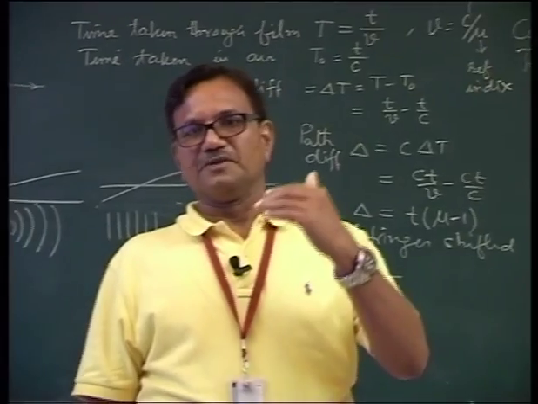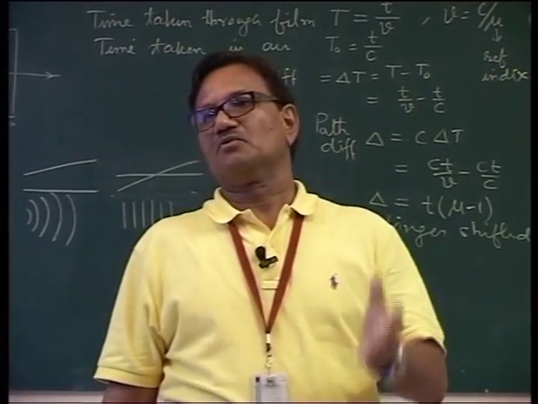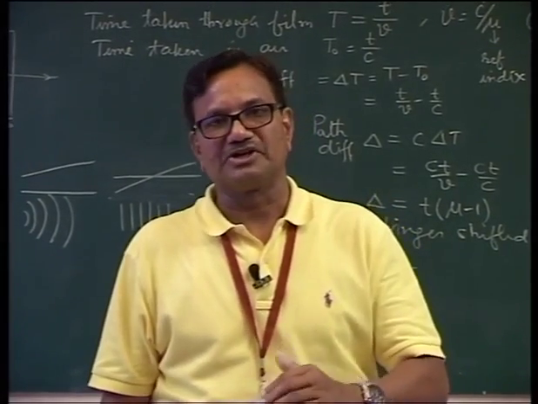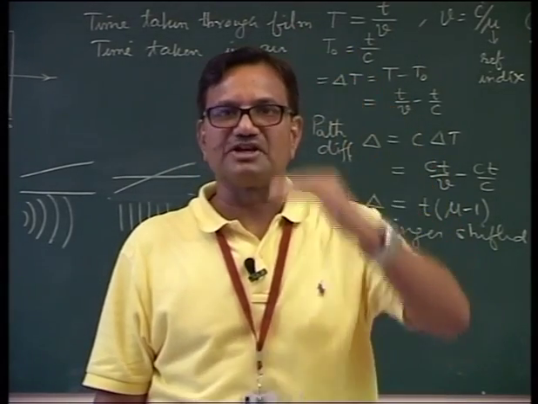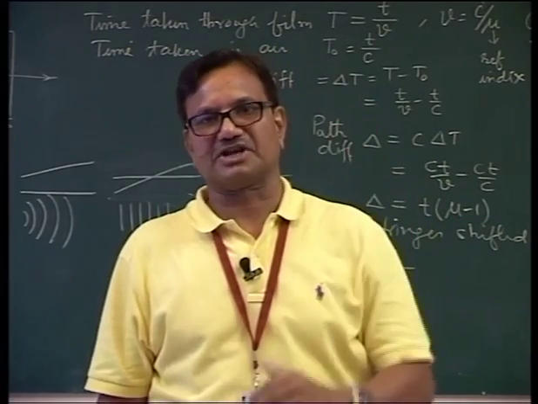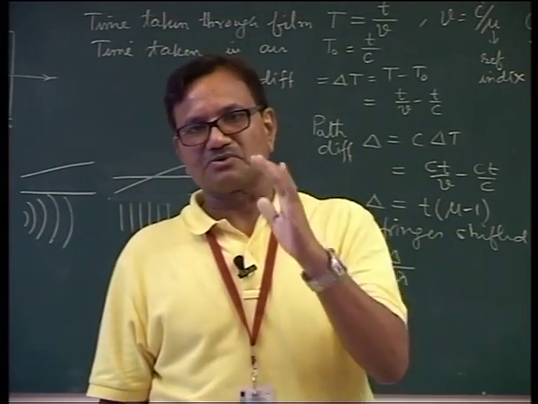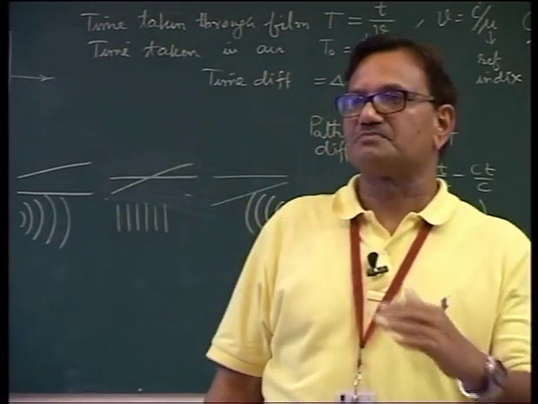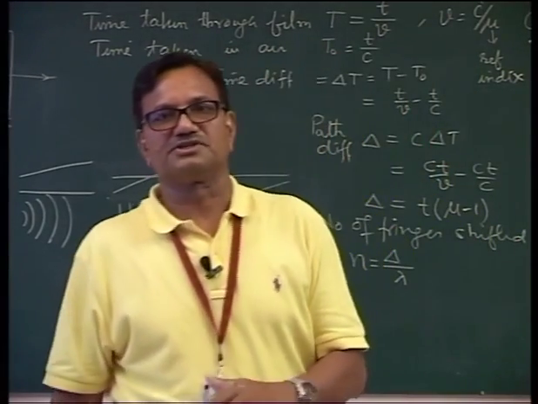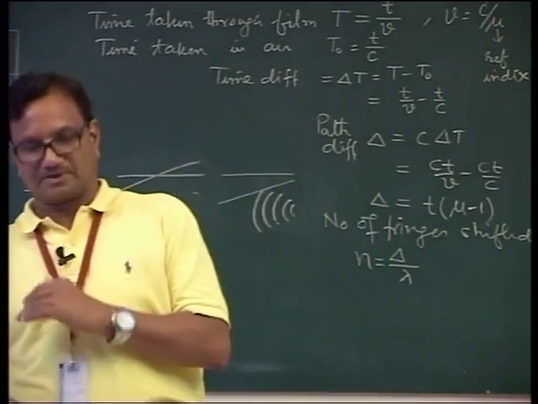If the ring pattern changes, then what we generally do is take a section of this lens where there is no change in the ring pattern, mark that section, cut out that section and use it in the instrument. So this is the Michelson interferometer. This is a very versatile equipment.